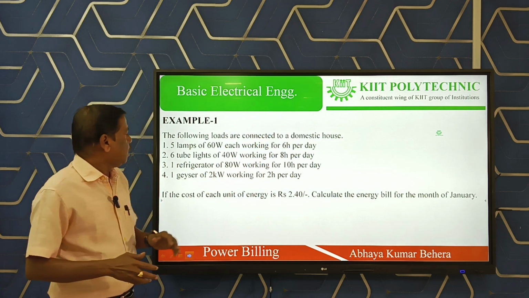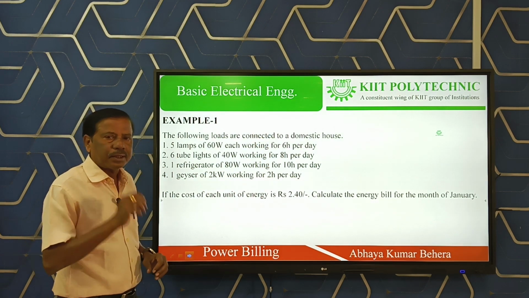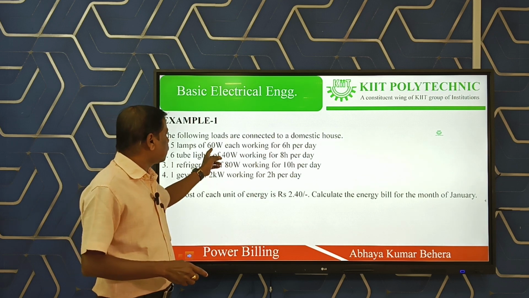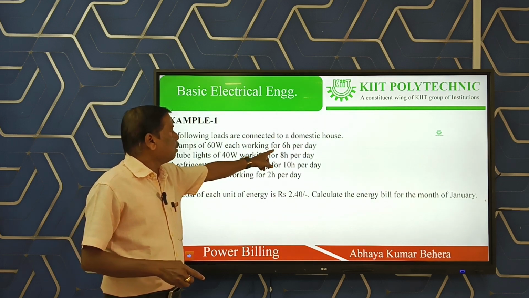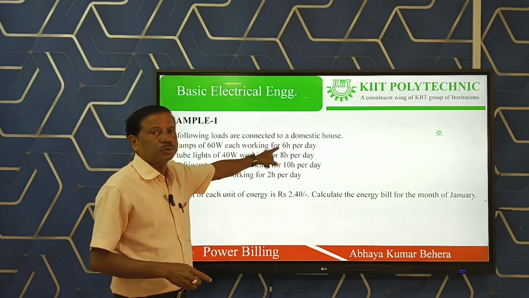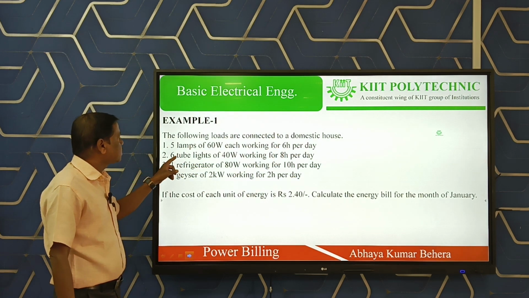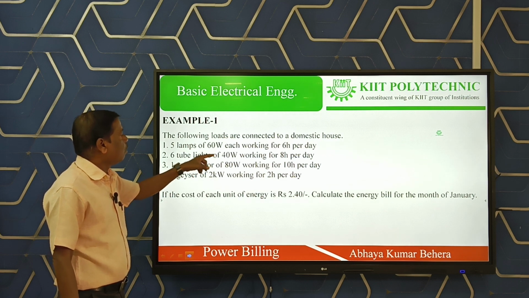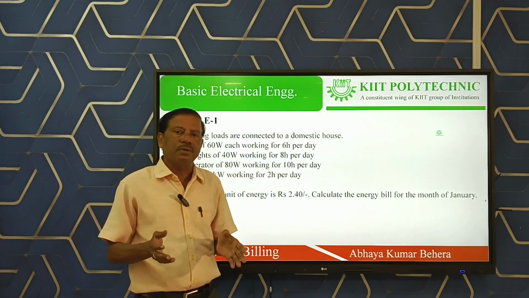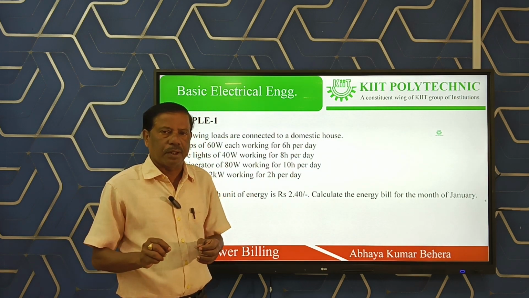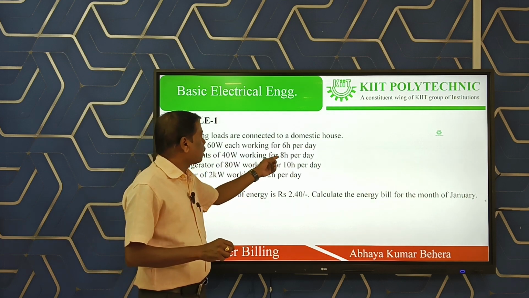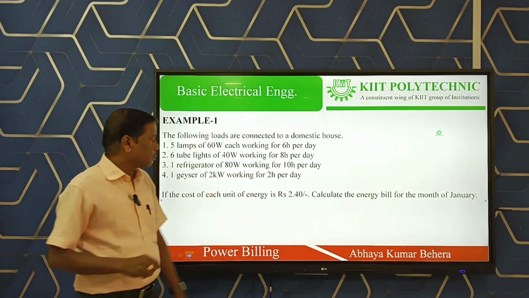Next, 6 tube lights of 40 watt each, working for 8 hours per day.